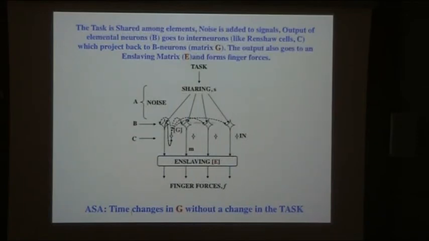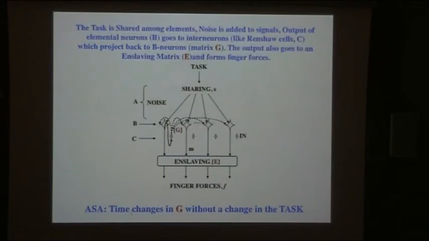Then the output of these fingers goes also to small neurons at the C level that are shown there, interneurons, which are kind of like Renshaw cells that are very well known. They project back, so we call it a back coupling, central back coupling model. They project back onto all the individual neurons with some kind of projections.